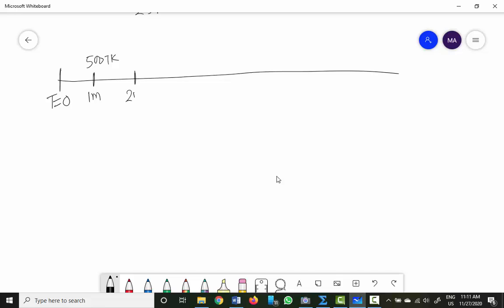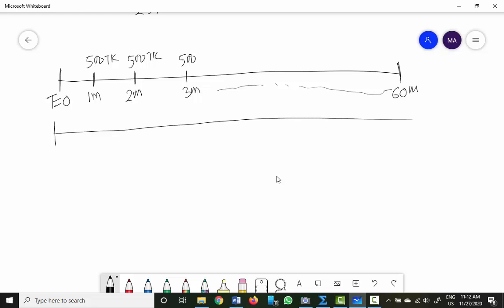After 2 months she will again pay 500 taka. After 3 months she will pay 500 taka again, and so on up to 5 years. Up to 5 years means a total of 60 installments, 60 months.